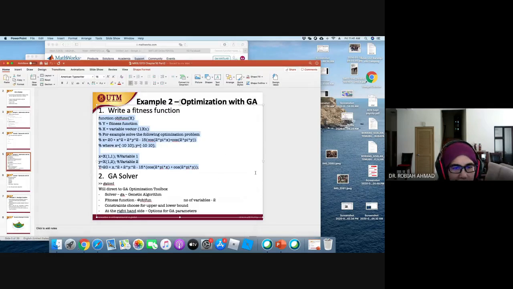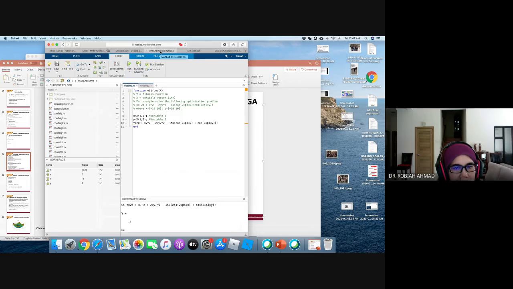I don't know whether it works or not. Can we try x equal obj?